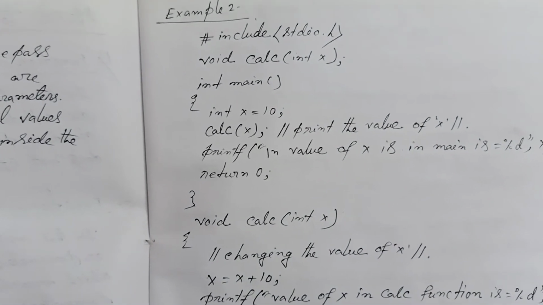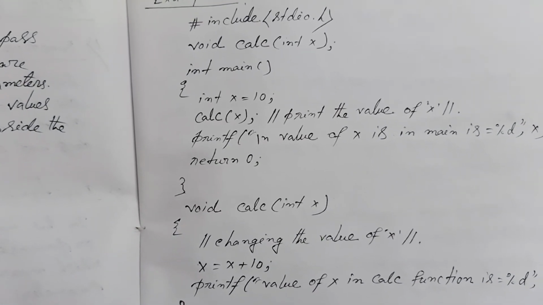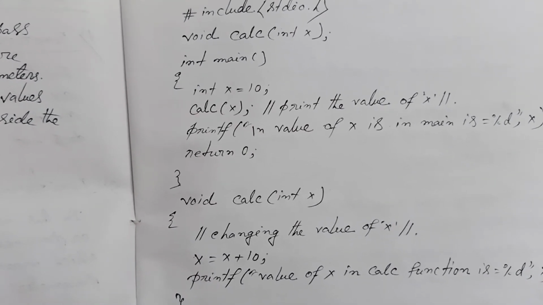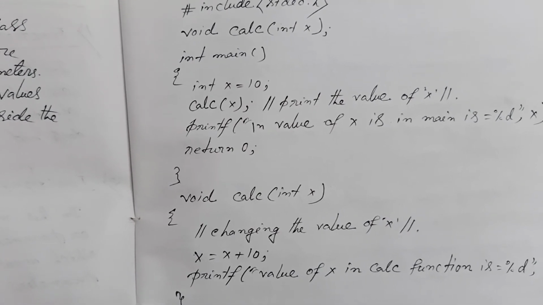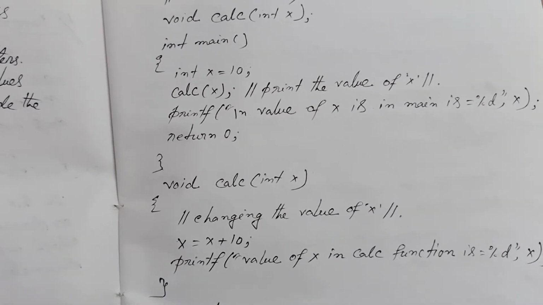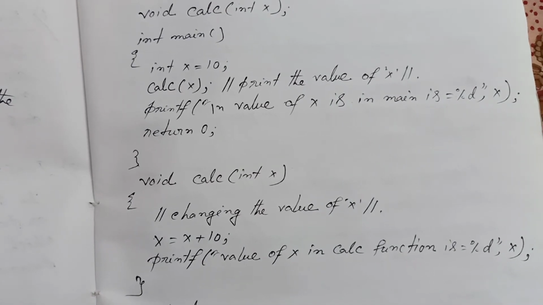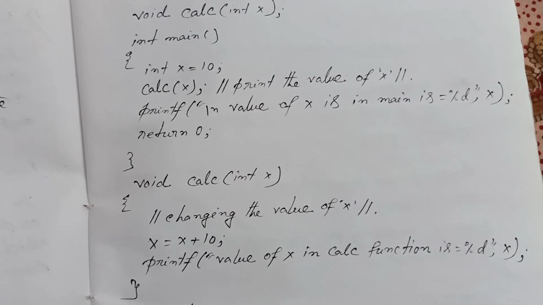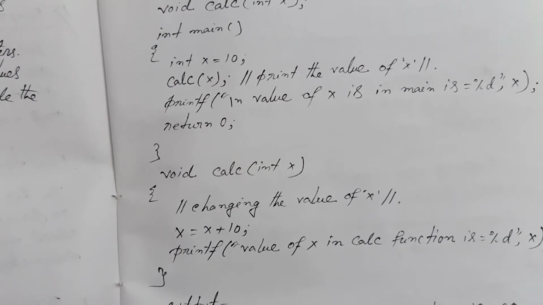Later we define it. int main start, int x equal to 10, calc of x. Then we print the value of x using printf: value of x in main is equal to %d, quotation complete, after a comma write x, and return 0.